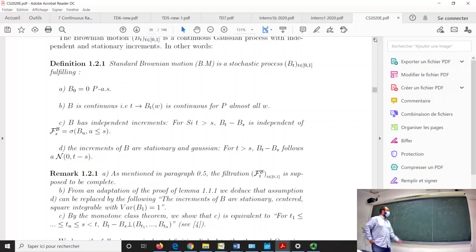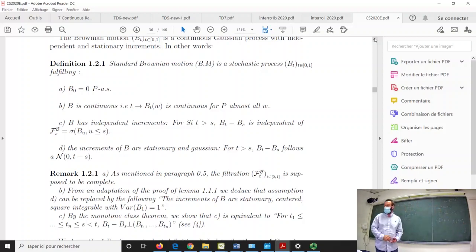The idea, I repeat, is exactly what I have done here. You make the increment appear because in the definition you have things about increments, B_t minus B_s. So the idea here is to write the expectation of (B_T3 minus B_T2 plus B_T2) times B_T2.